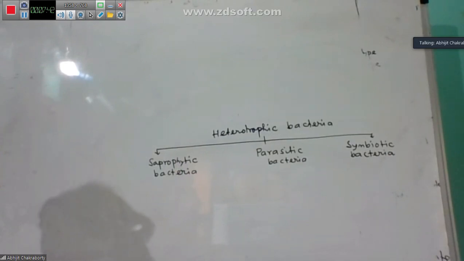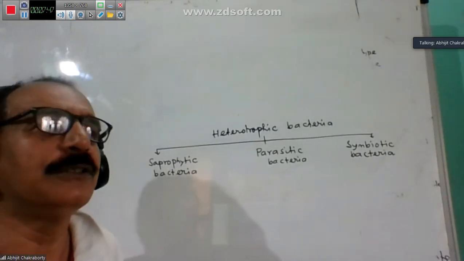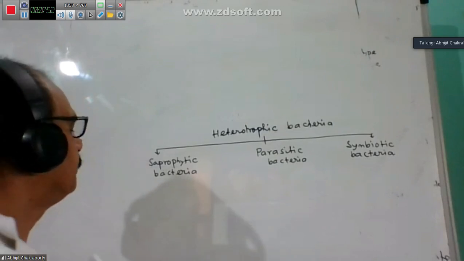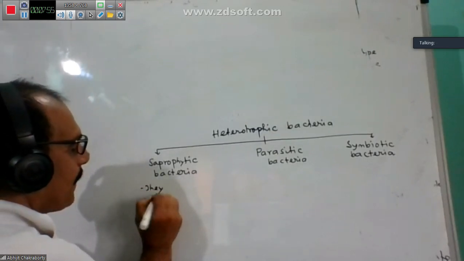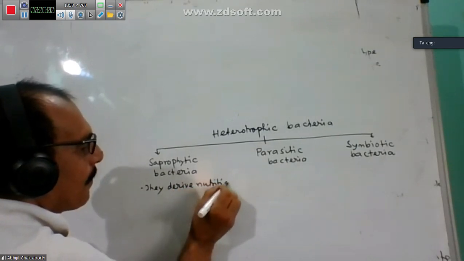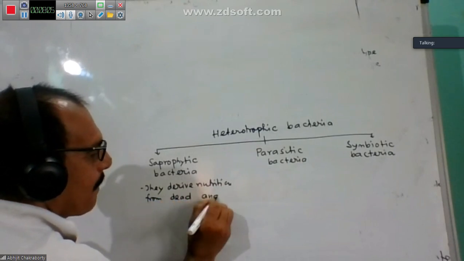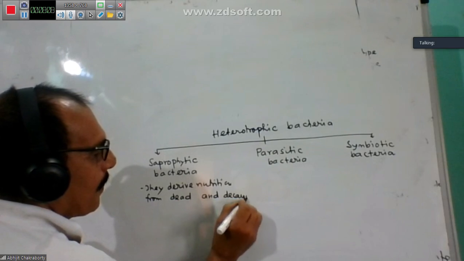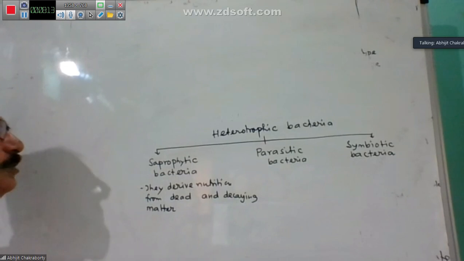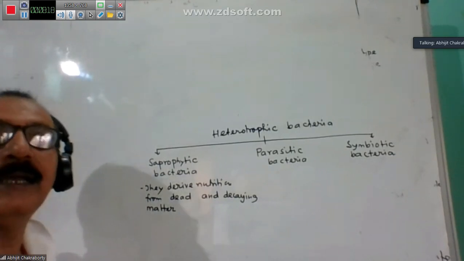So heterotrophic bacteria are of three types. Saprophyte: remember this thing, the organisms which derive nutrition from dead and decaying matter, you can call them saprophytic bacteria.